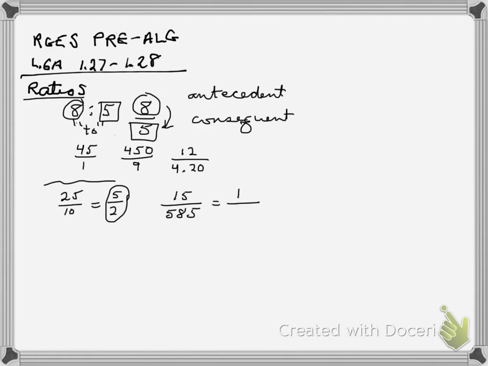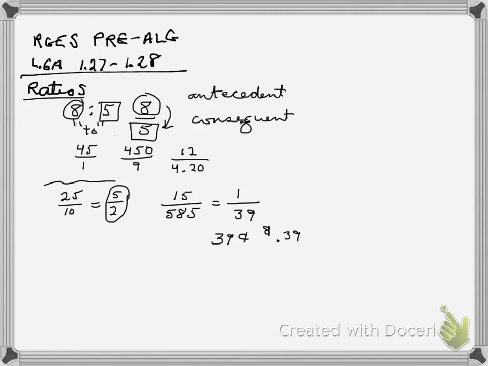Let's see, 45, that would be 3, 5, and 9. Okay. So how much does each apple cost? 39 cents, or 0.39. You may write it either way.